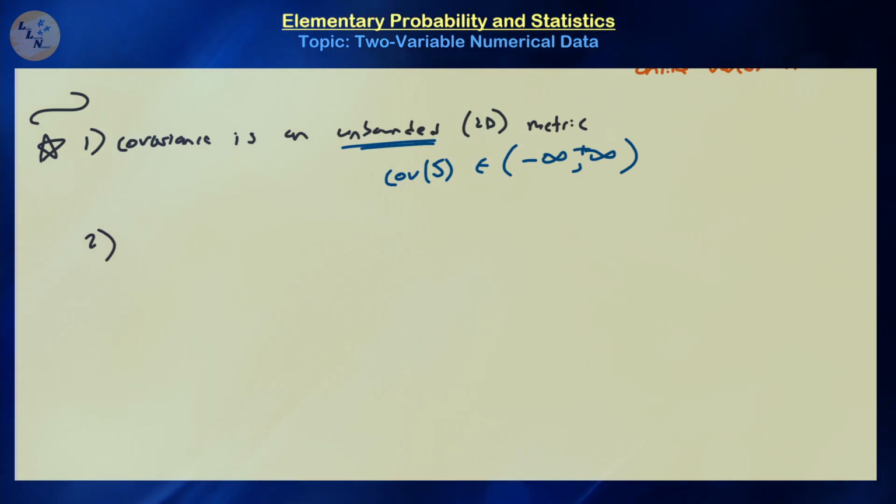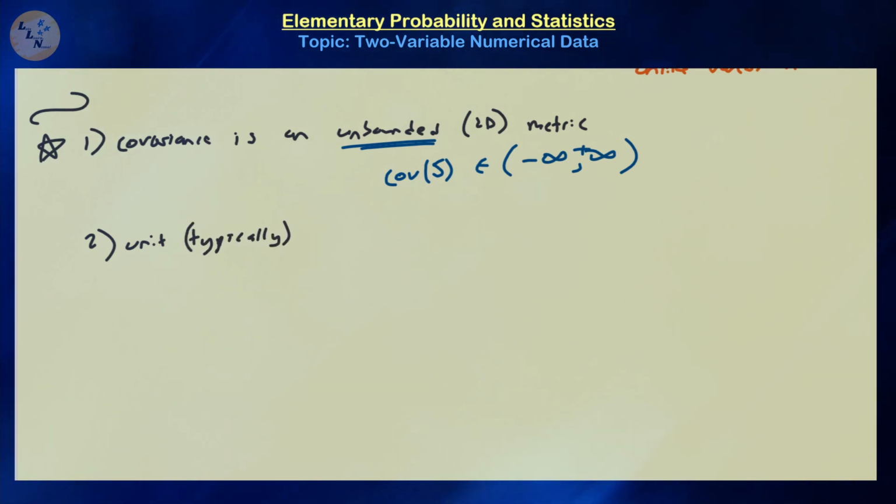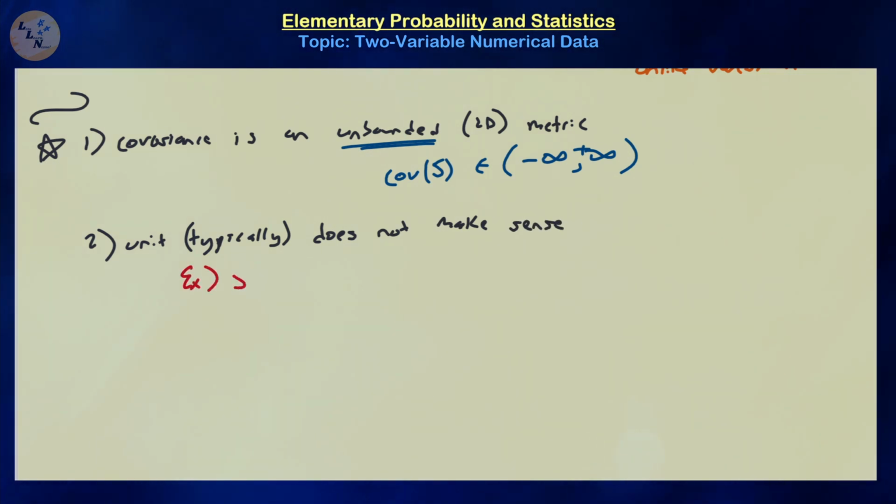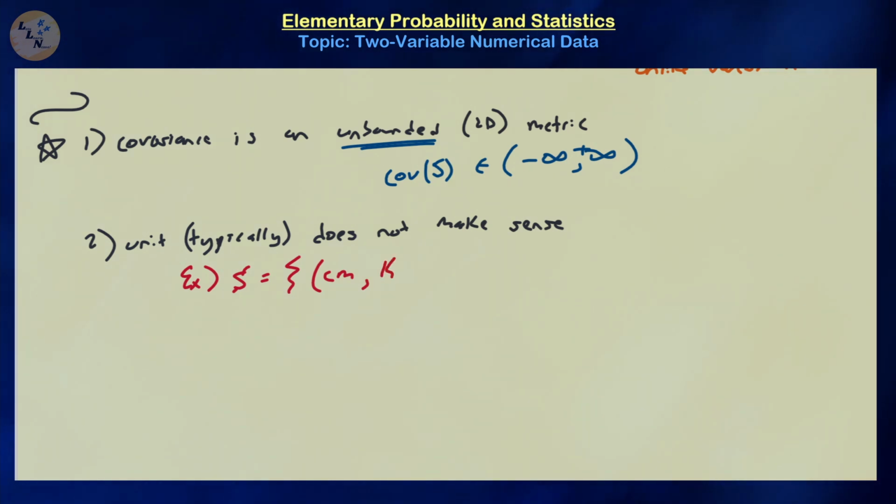Another property, also not a good property, is that the unit typically does not make sense. The unit, so I mean like kilogram, degrees Celsius, and so on. So for example, if I look at a particular example of a data set S, where the first data points are measured in centimeters, so all the x values are centimeters or lengths or something, and let's assume that the second unit, y, is measured in kilograms, so it's like weights or masses or something.